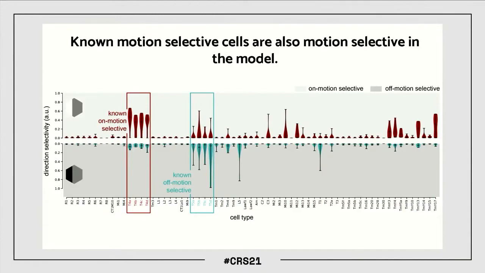And actually the medians across our best task performing models again predict these tunings. In addition, we hypothesized that these TMY3 and TMY17 cells are also motion detectors, and a collaborator, Nathan Klapoetke at Janelia, is now preparing experiments to actually test that.